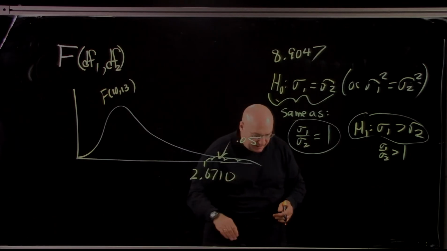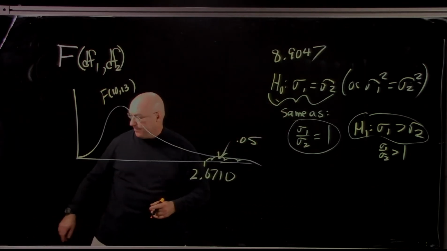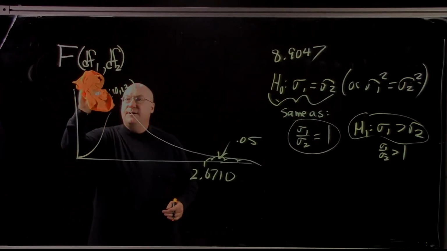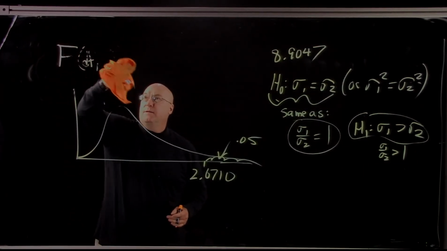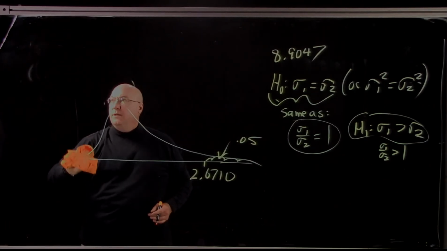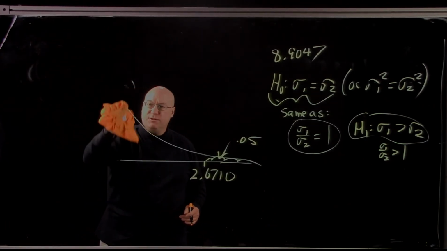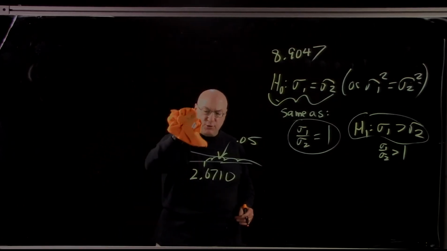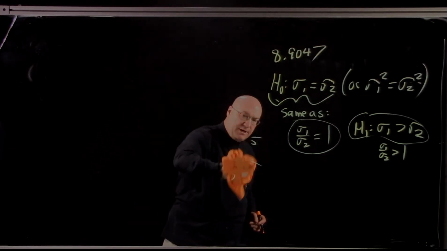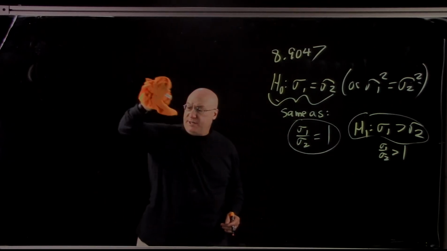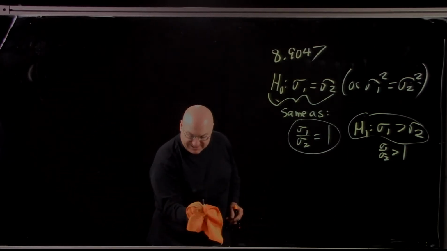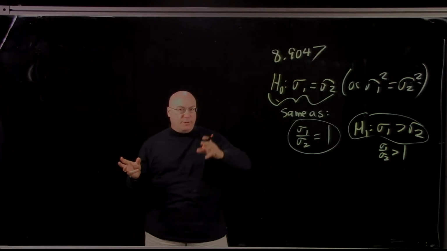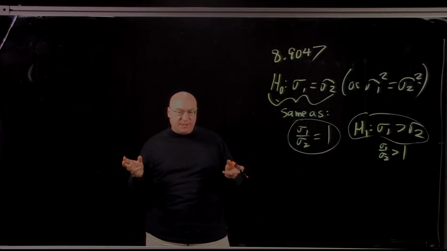So in other words, down below here, let me rub this out. So I have my two populations, and I want to test their standard deviations or their variances against each other. What I do is I take a sample from each and compute the sample standard deviation or sample variance. One of those will be bigger for one population versus the other, correct?